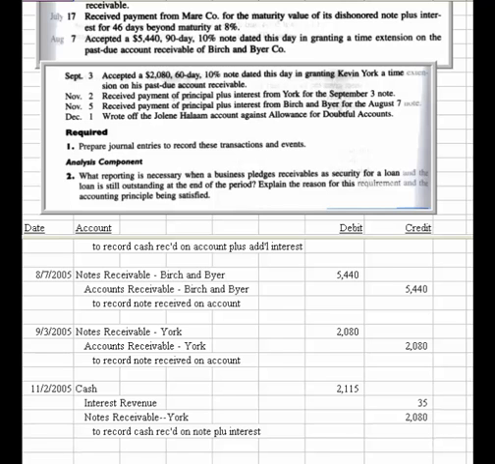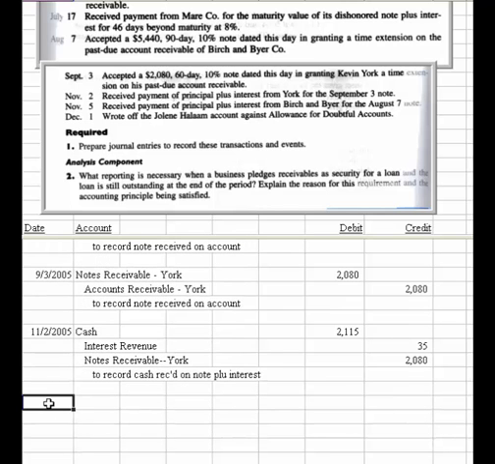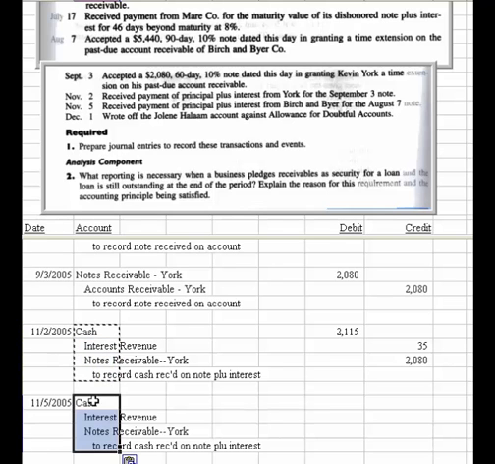Okay, let's slide down, give us some more room now. On 11-5, what happens on November 5th? We receive payment from Birch and Buyer for the August 7th note. Okay, so pretty much more of the same. Let's copy this from here.